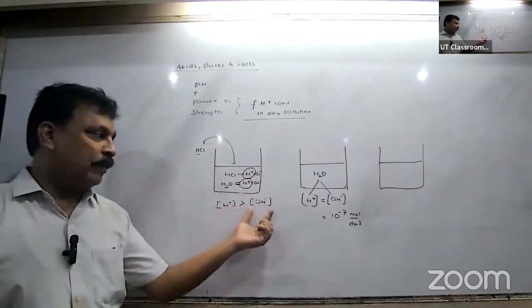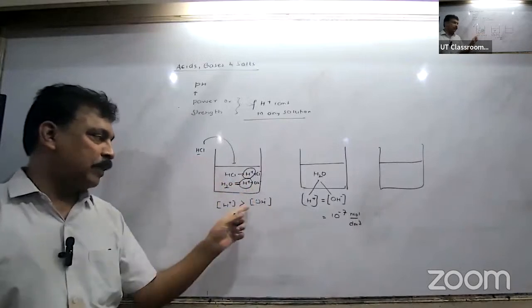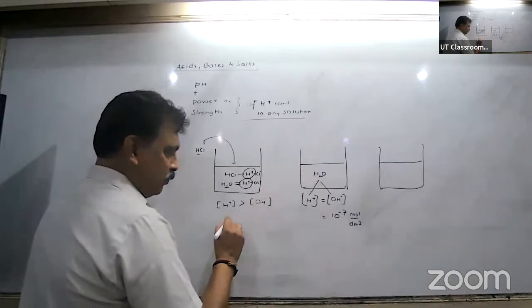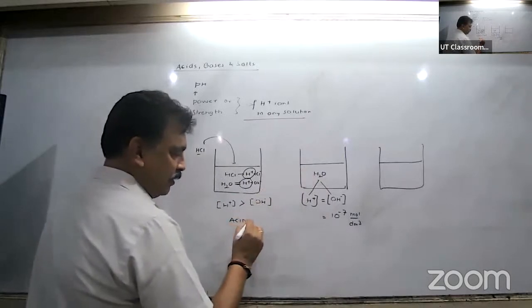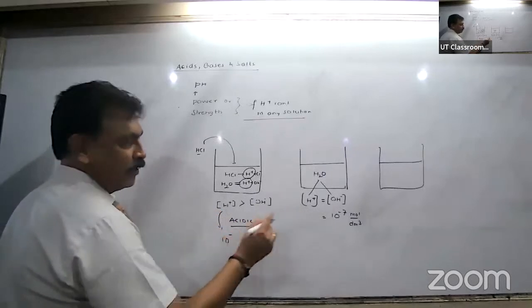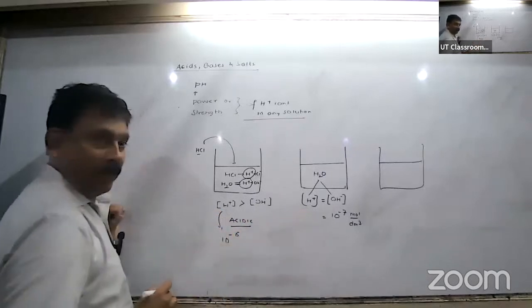Means H plus ion will be greater than OH minus. Why? Because the solution has become acidic. This water is neutral, but this time the solution is acidic. H plus ion concentration will increase from 10 raised to minus 7 to 10 raised to minus 6.